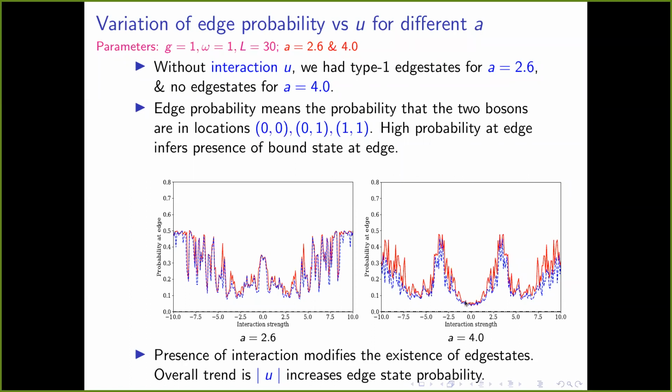And then as we increase the interaction strength, it first goes high, then again drops, and then keeps on going high steadily. So what we can say is the presence of interaction modifies the existence of edge states. The overall trend is that as you increase mod U, you get more edge state probability. That is, it is more probable that you will have edge states in the system. But there are some subtle things: it might go down at some moderate range of interaction.